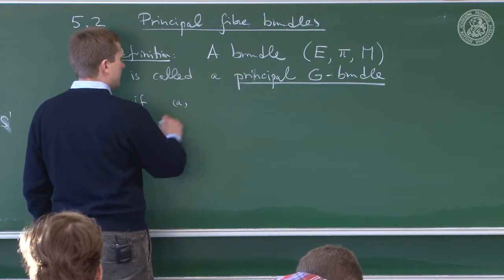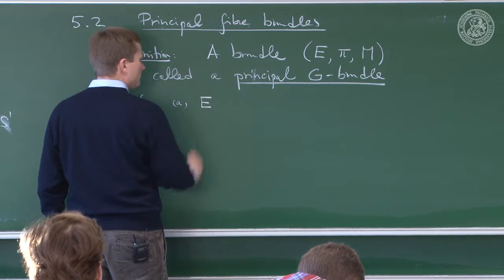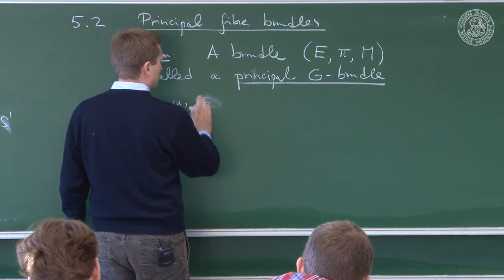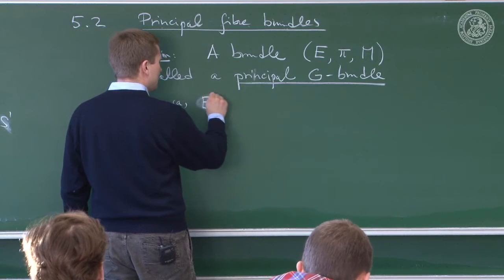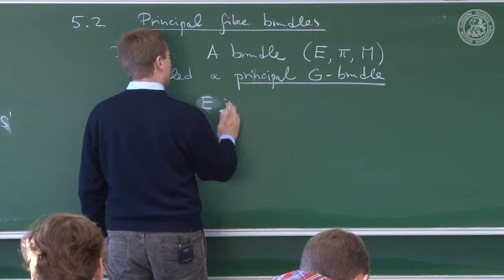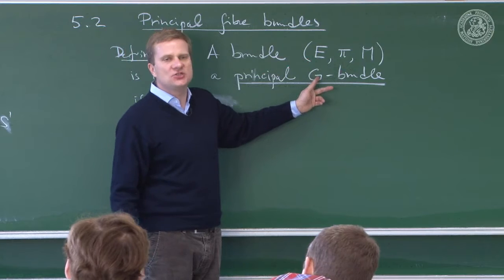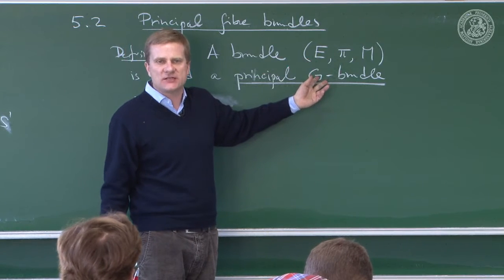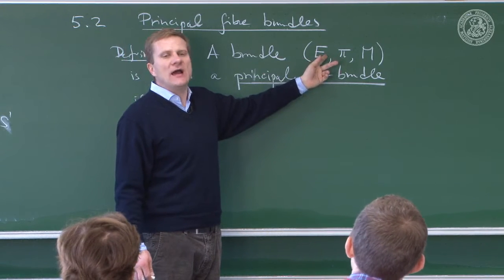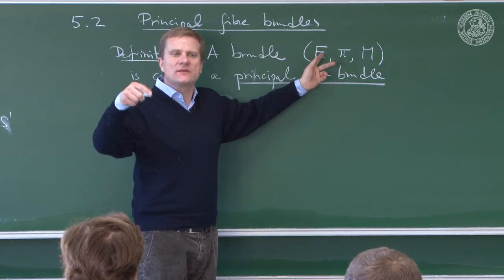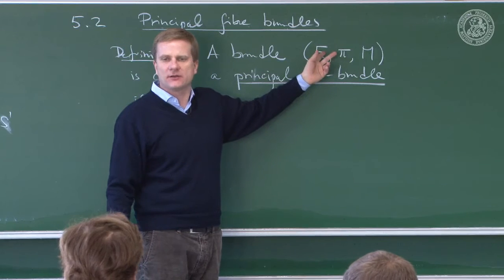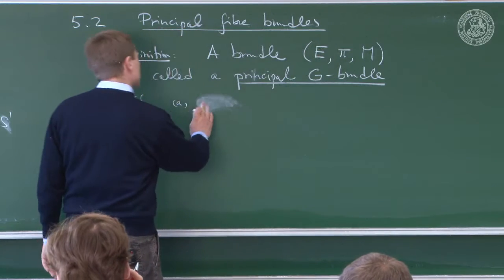You need that E is, okay, there's this terminology that one says E is a right G space. But what is a right G space? That means you have E equipped with a right action of G on it. So let's introduce the terminology.